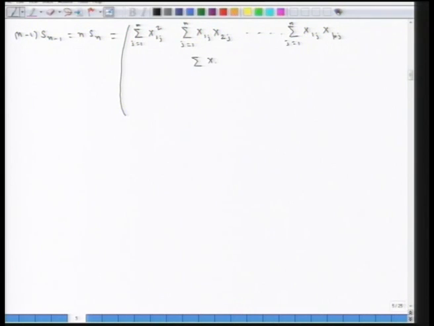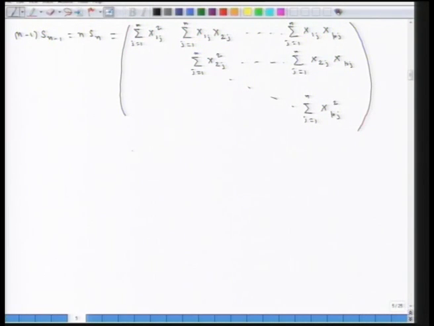This is going to be x2j square, j equal to 1 to n, and the last entry here similarly would be j equal to 1 to n x2j xpj, and the last entry, the pth element of this matrix, is just the sum of squares corresponding to the pth component.